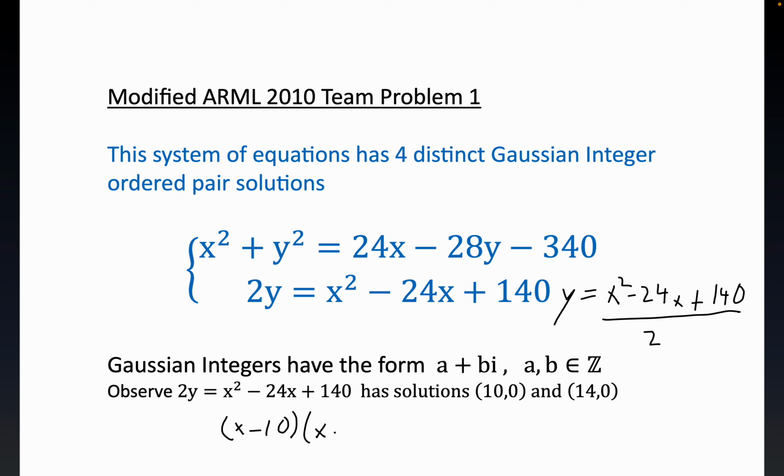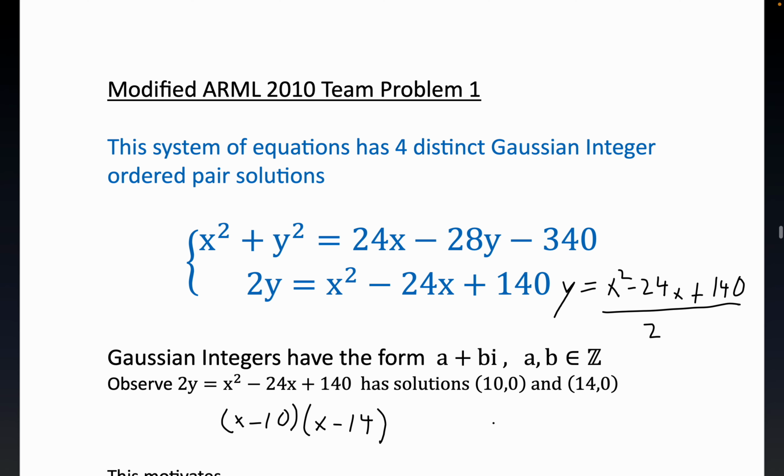Okay, and of course, 10 and 14 make the right-hand side 0, so that would force y to equal 0. So that's where these two solutions come from, but note that they're just solutions to this equation. And you can verify that they aren't solutions to the original. So this doesn't work out here.